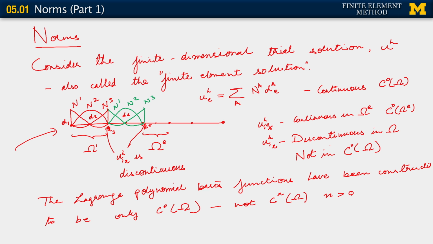The basis functions themselves have been constructed to only be continuous. They're C0. Their derivatives are not continuous. If their derivatives were continuous, we would say the functions would be Cn, where n would be the number of derivatives that were continuous. So we're saying that the basis functions are not Cn, they're only C0.